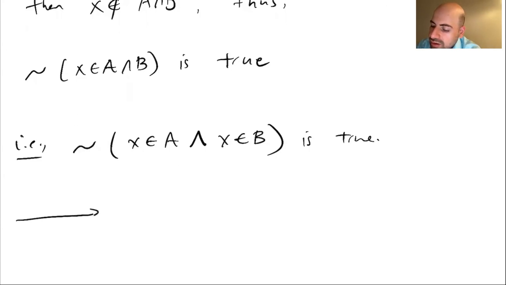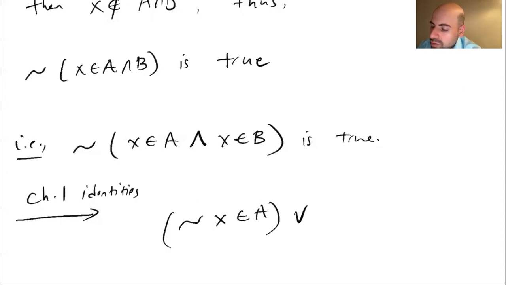So this one, I can say from chapter 1, identities. Do you remember what it is? This is the negation of "X belongs to A" or the negation of "X belongs to B."